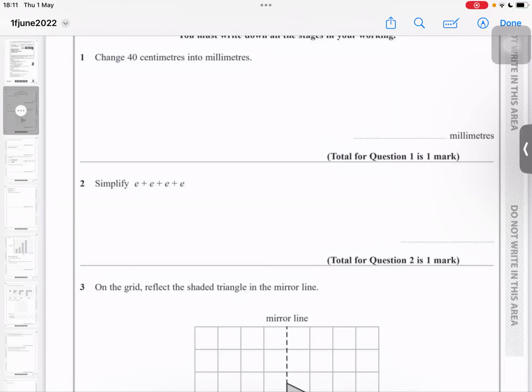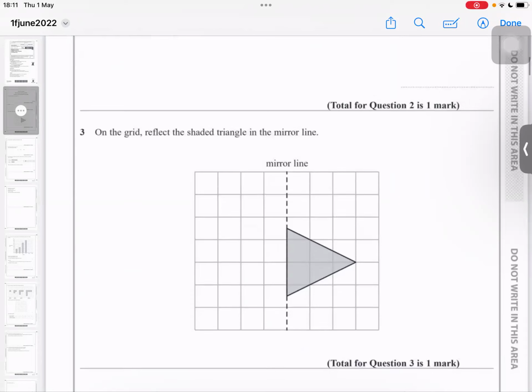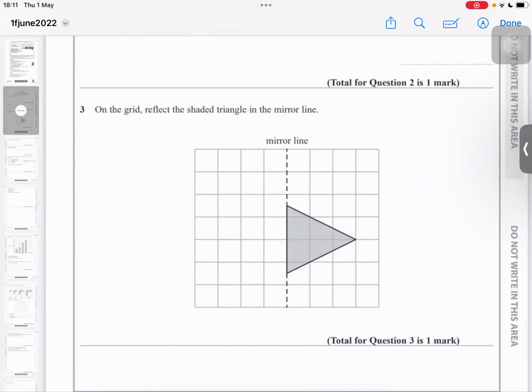Could you scroll down? Let's take a look at question 3 closer. Okay, looks like it's a translation thing. It says on the grid, reflect the shaded triangle in the mirror line. So a reflection is basically a translation, right?